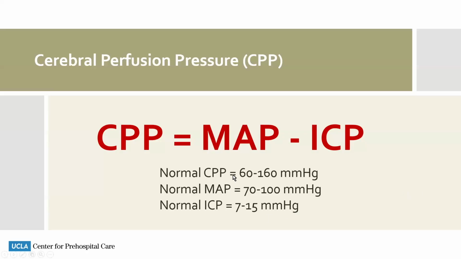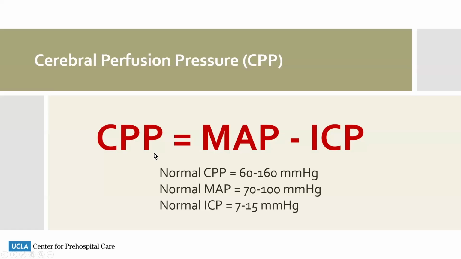But if your cerebral perfusion pressure goes below 60 or above 160, then there is an issue. Then it can no longer maintain its own cerebral perfusion. Remember, the MAP is mean arterial pressure, and that should be somewhere around 70 to 100 millimeters. Normal ICP or intracranial pressure is around 7 to 15 millimeters of mercury.